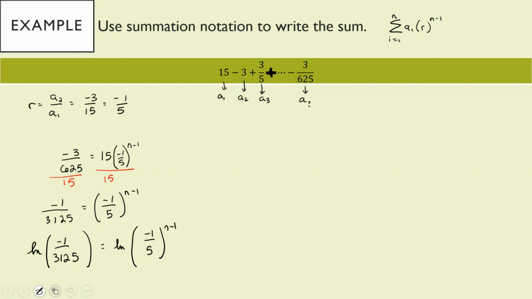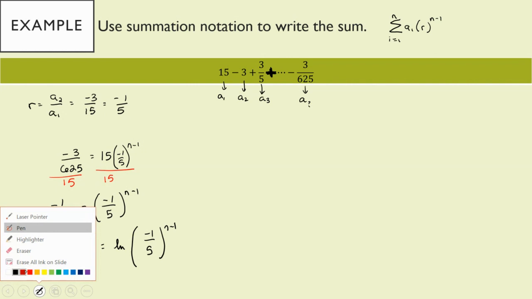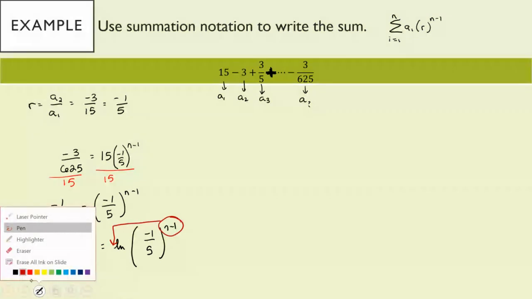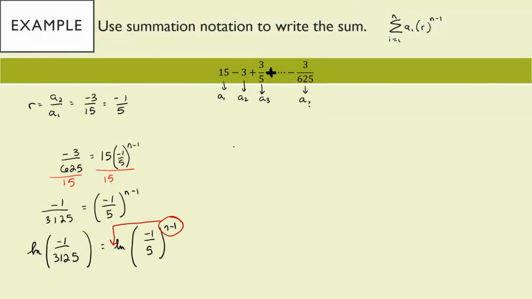And then that allows us to use our rules of logarithms to take this exponent and put it down in front. So we're going to have the natural log of negative 1 over 3125 equals n minus 1 times the natural log of negative 1/5.